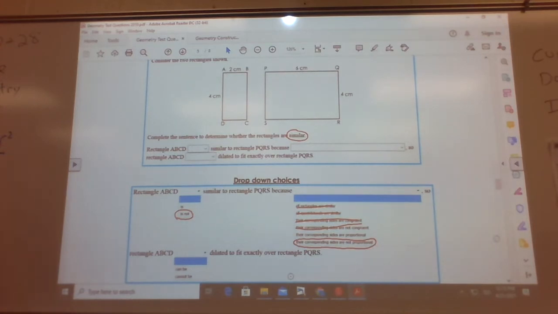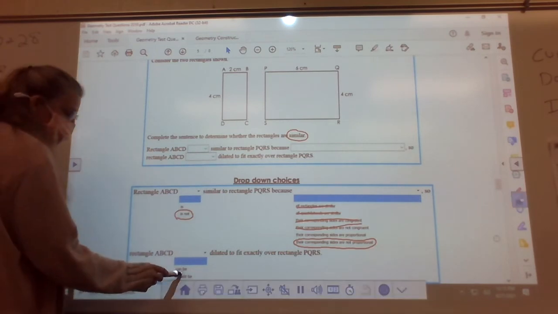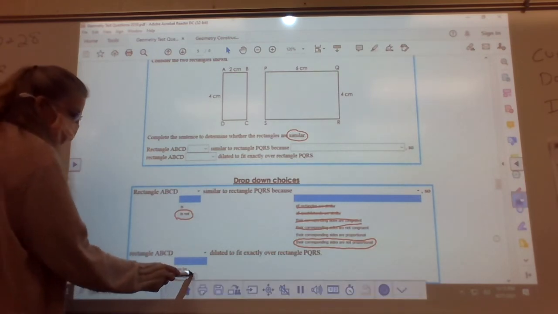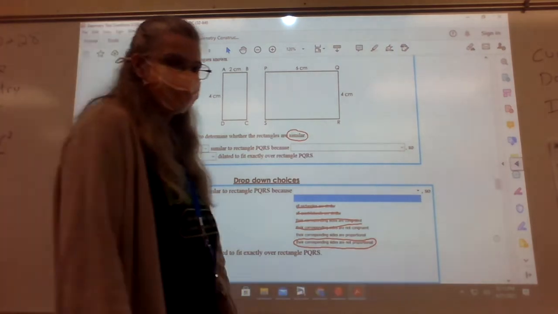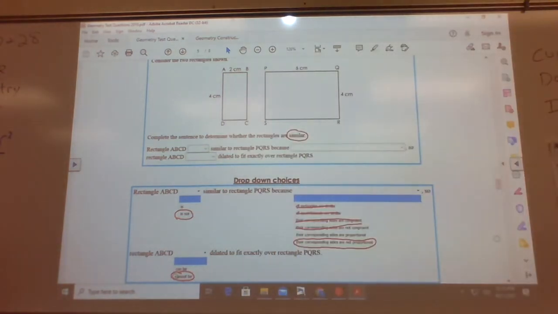So it cannot be dilated because I can't just multiply by one number and get the new figure. Similar and dilations go together, because if something is dilated, they are similar figures. So that's that one.